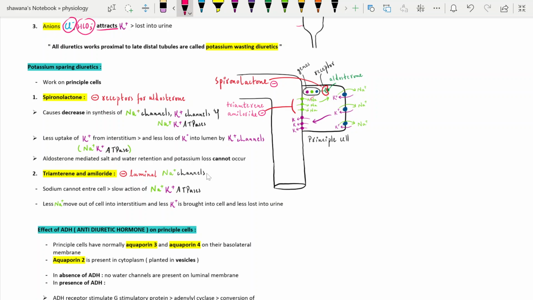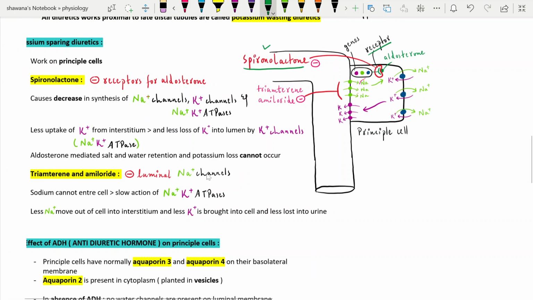The first example is spironolactone. Spironolactone will inhibit the receptor for the aldosterone. When this receptor is inhibited, can aldosterone bind to the receptor? No, it cannot. It means that genes cannot be activated. When genes cannot be activated, the synthesis of sodium channels, potassium channels, and the sodium potassium ATPase is decreased.